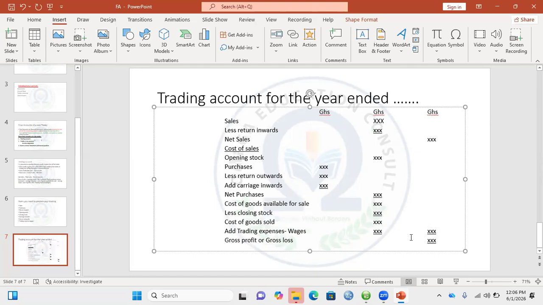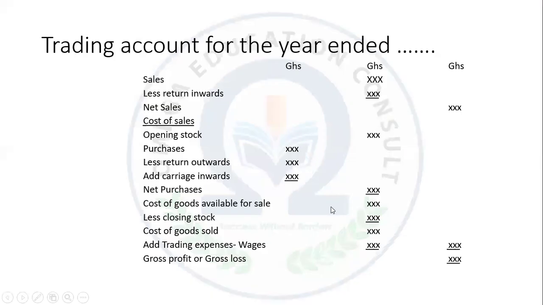Yes, please. So, professors, I can give you some information and ask you to prepare the trading account. I can give you the sales, returns inwards, and all these things. And if I ask you to prepare the trading account, this is what I expect you to do. Know that it is not every business that will have carriage inwards or return outwards or return inwards.